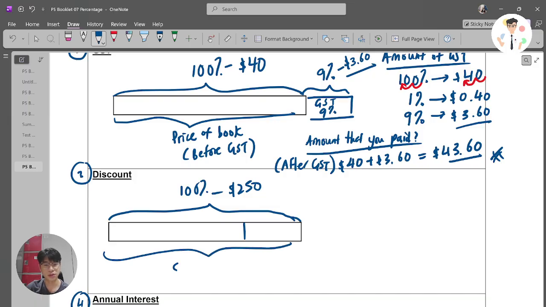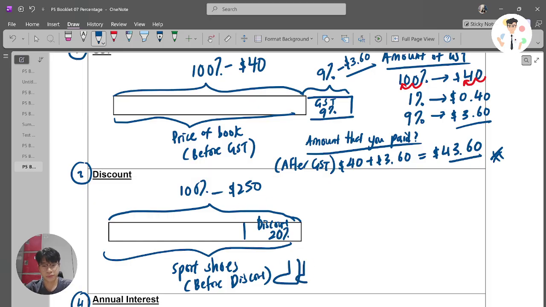So sports shoes, they are making a discount, and this discount is a 20% discount. Wow, so nice. So you know the sports shoes before discount is 100%, and you know it's $250.